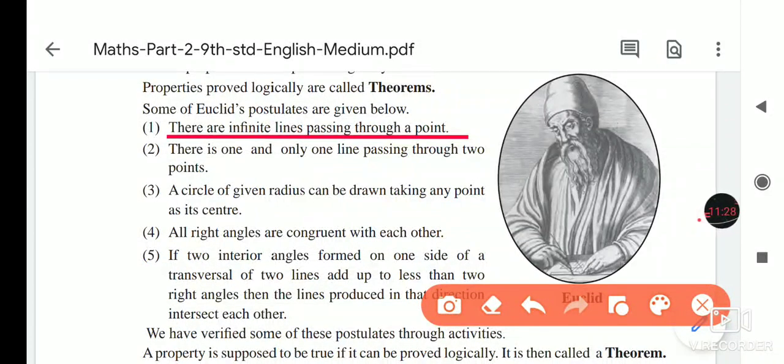Now we will see the next postulate of Euclid. We saw there are infinite lines passing through a single point. Now the second statement is that one and only one line can pass through 2 points. Suppose I draw one point here and another point here, and I want to join these 2 points.